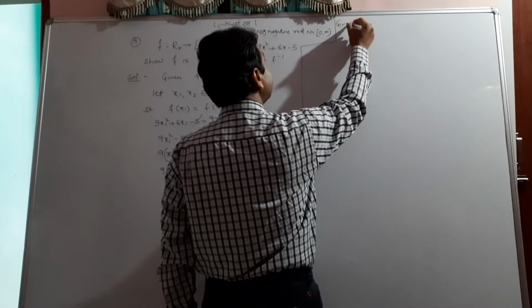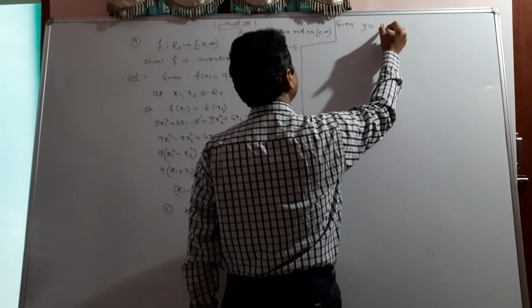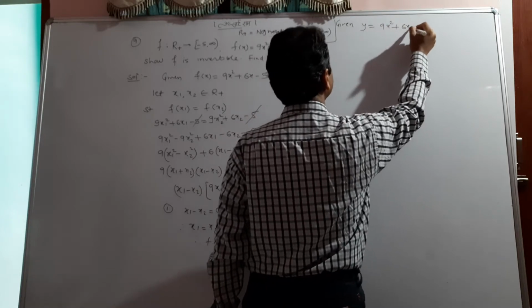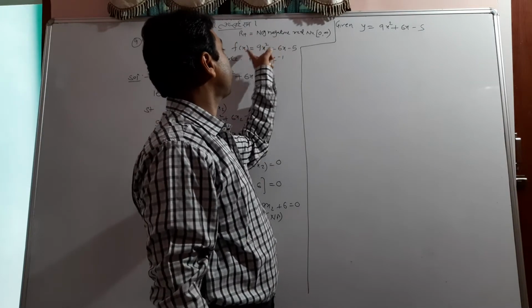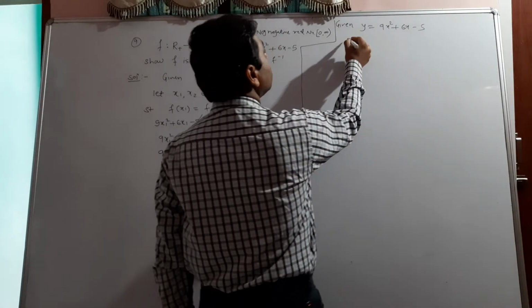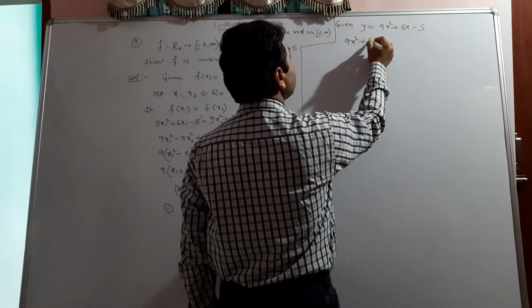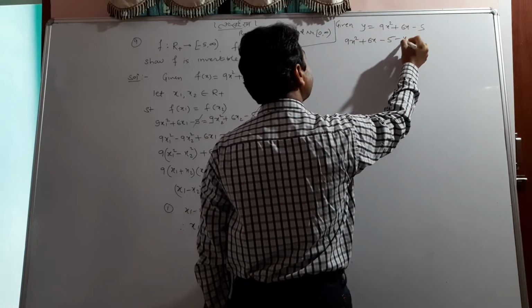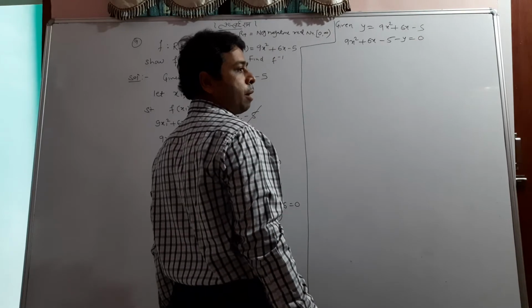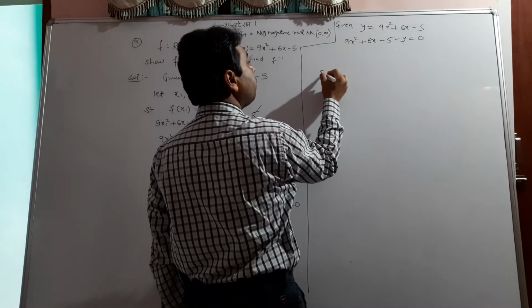Again I would write the given function 9x² + 6x - 5. I have written y instead of f(x), so y = 9x² + 6x - 5. Now you remember the method I explained yesterday, that we transfer y to that side. And what is the meaning of range? You know that.